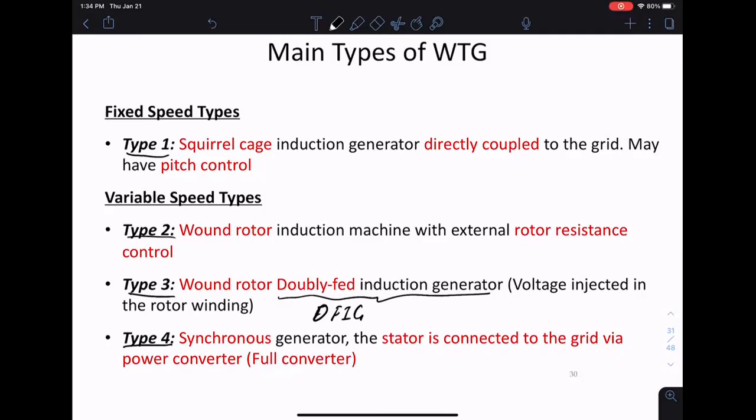Basically you have another path. In addition to an induction machine, there is also a power electronics path between the farm collection point and the generator. It's doubly fed because there are two paths for current to flow.